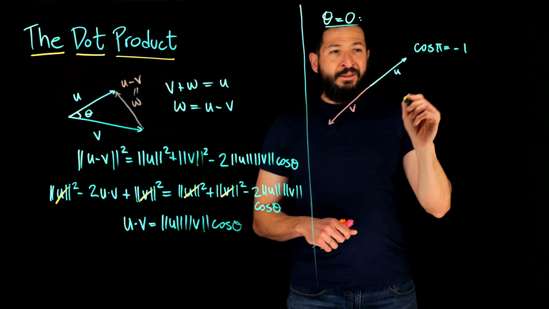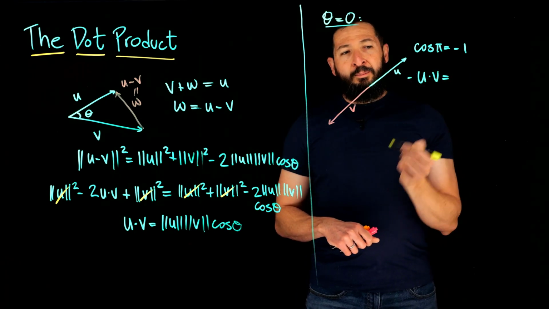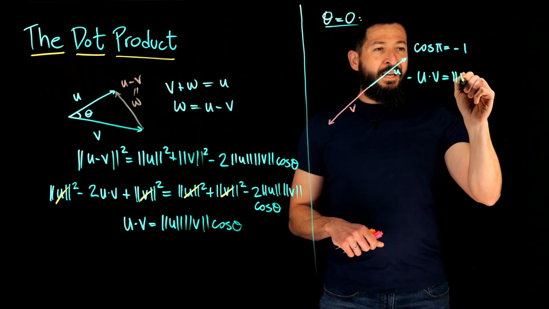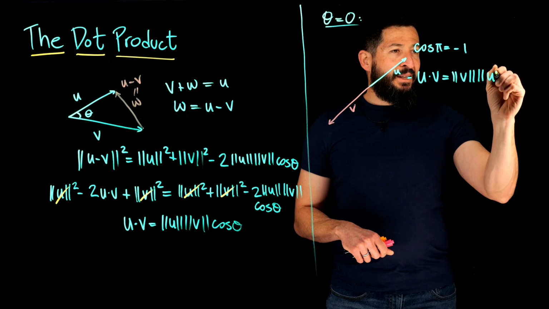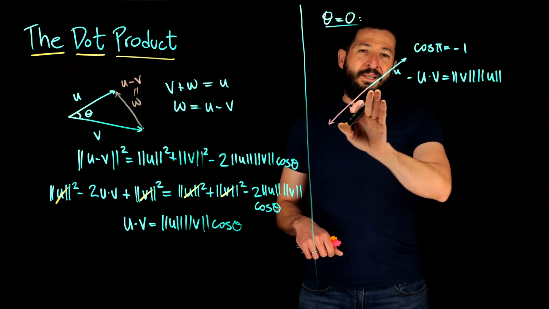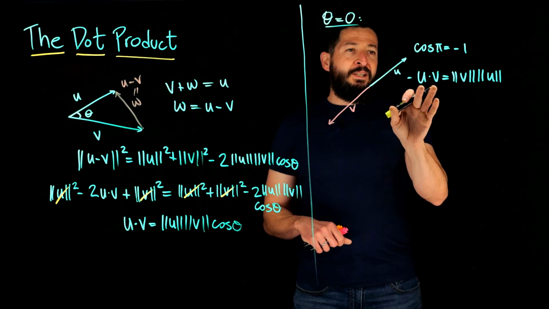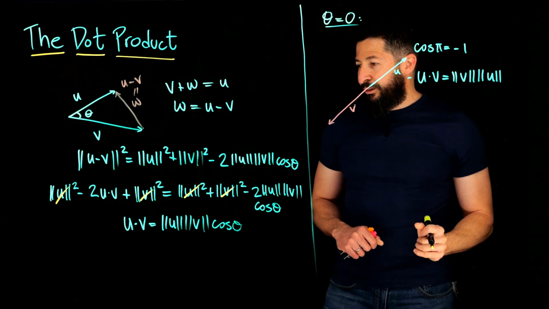And so u dot v will be the -1 times the product of the magnitudes of the vectors. If they're pointing in the same direction, then the dot product will give you straight up the product of the magnitudes of the vectors.